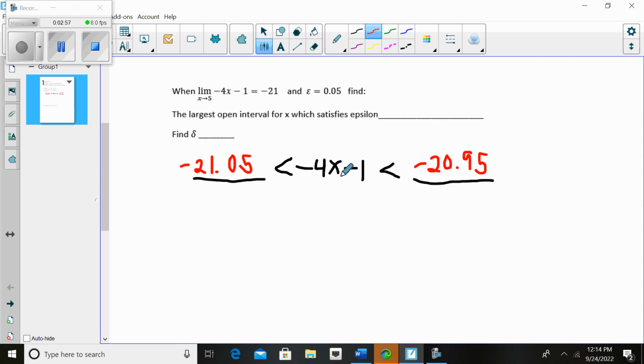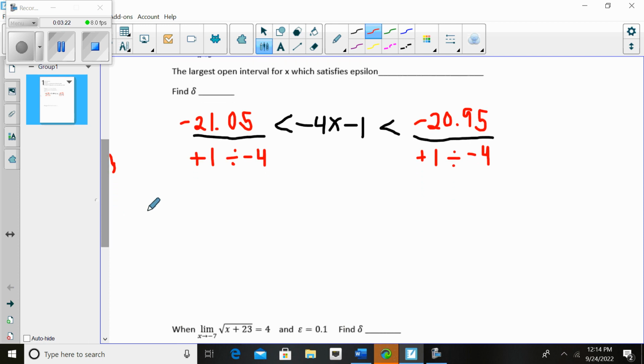Now, I'm going to do this all in one step, so I hope you don't mind that. I'm going to add 1 and then divide by -4, all in one step. So I'm dividing by a negative, right? I'm supposed to do something when I have an inequality and I divide by a negative. Okay, I'm supposed to flip the inequality symbol.